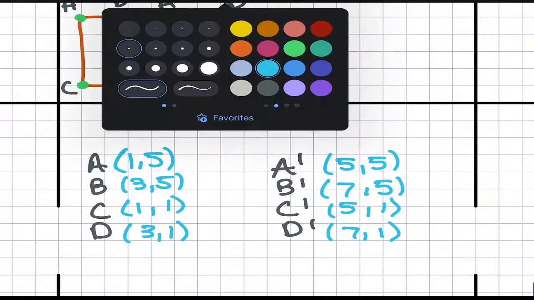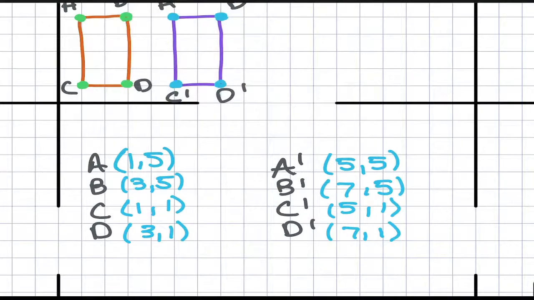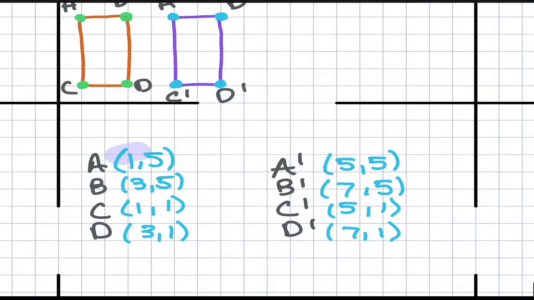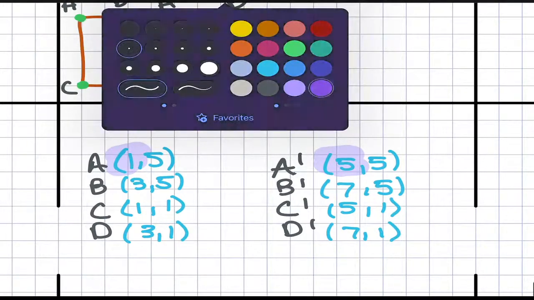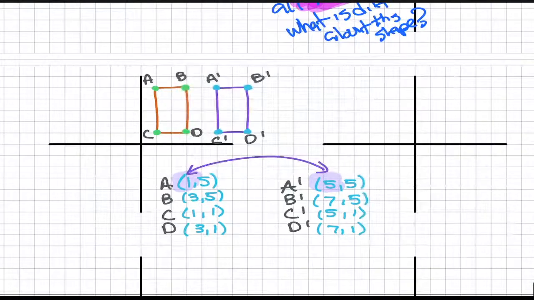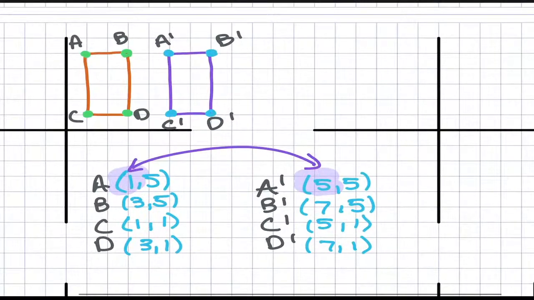So let's take our first coordinate point here, 1, and compare it to the first coordinate point of the prime, because I'm trying to figure out what happened to the x. How did we go from 1 to 5? Remember, this is in the past, and your prime is in the future.